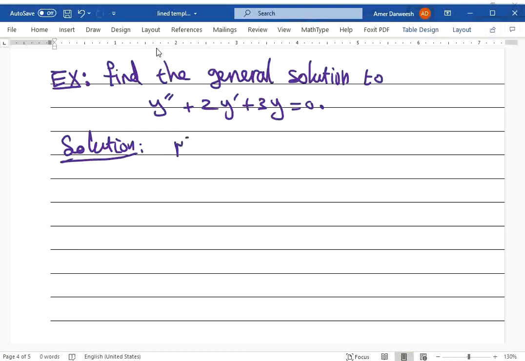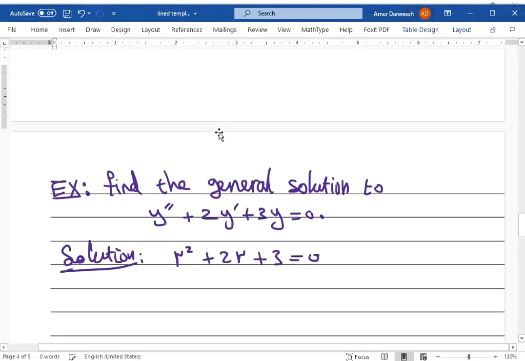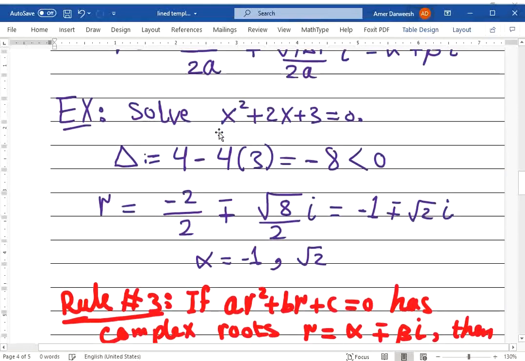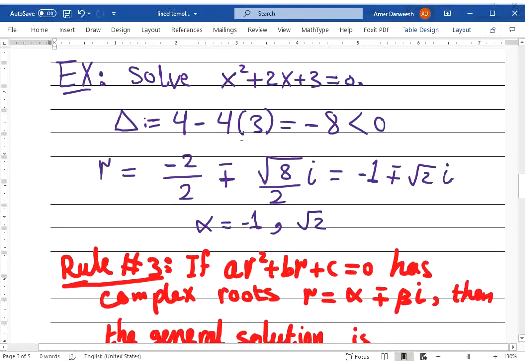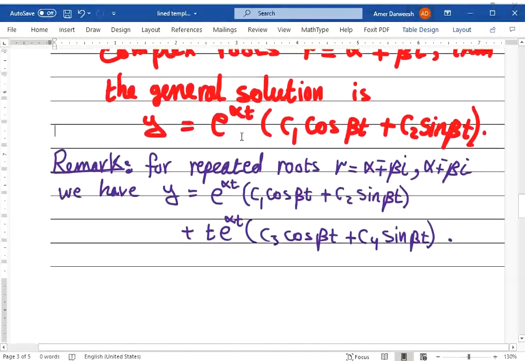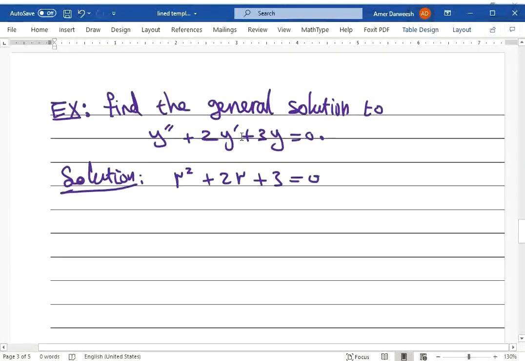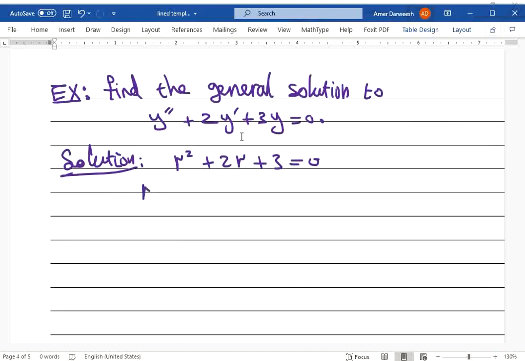The auxiliary equation is r squared plus 2r plus 3 equals to 0. إذا بترجعوا للسؤال اللي حليناه، الإكزامبل اللي حليناه to find the roots، x squared plus 2x plus 3 هو نفس الإكويجن. إذا معناها الروتس لهذه الإكويجن كومبلكس هم minus 1 plus minus square root of 2 times I. So r equals minus 1 plus minus square root of 2i, which is the case of complex roots.